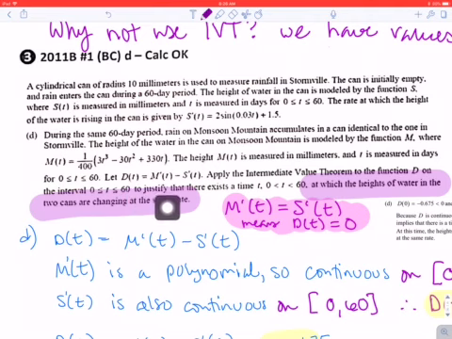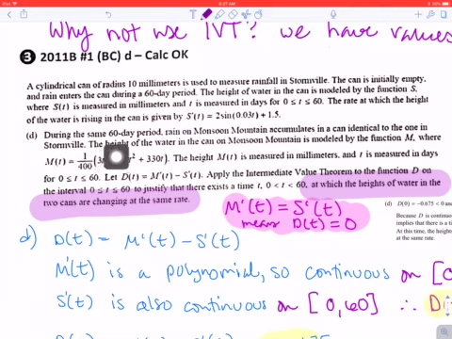We've got rain accumulating in a cylindrical can, which makes you think related rates, but that doesn't apply here. The can's empty, it's entering over a 60-day period. The height of the water is modeled by S, measured in millimeters, and the rate at which the height is changing is S prime.